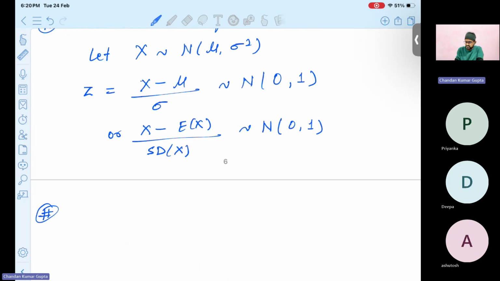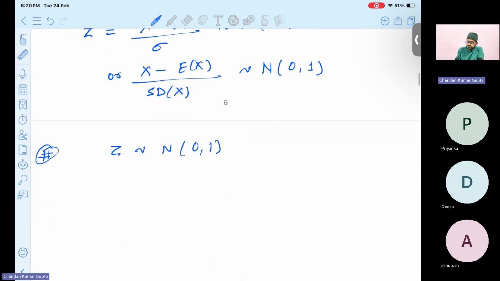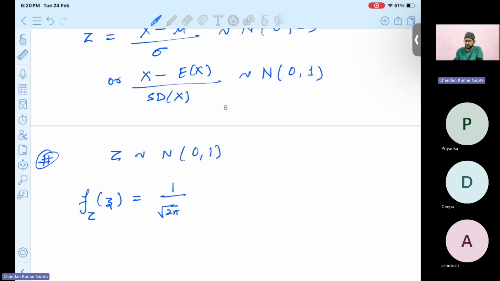Since Z is a standard normal variate, Z follows normal(0, 1). So what is the PDF of Z? Okay, I've written it wrong. It's 1 upon root 2 pi sigma, and sigma comes out to be 1. So 1 upon root 2 pi, e to the power minus 1 by 2 ((x minus mu) upon sigma) squared. Here mu equals 0 and sigma equals 1, so that means z only.